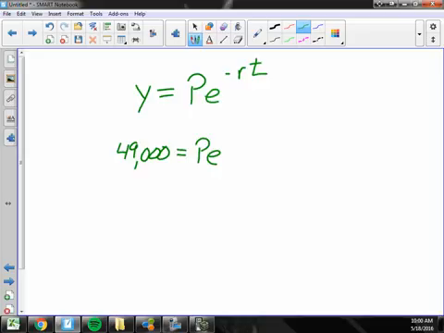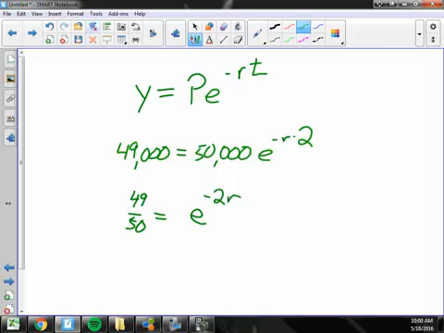Does it say? Oh, it started at 50. So 50,000 e to the negative r times 2. So we can use this to find the rate. So I'm going to divide. I get 49 over 50 equals e to the negative 2r.